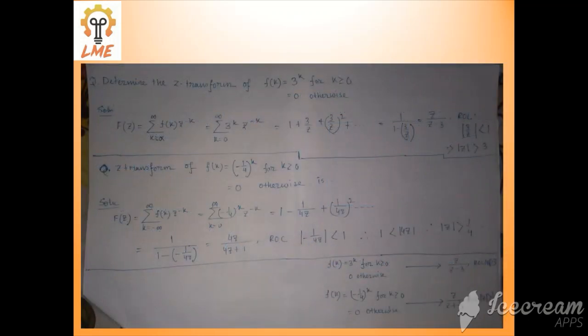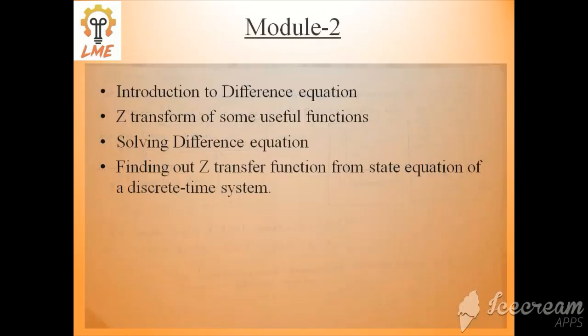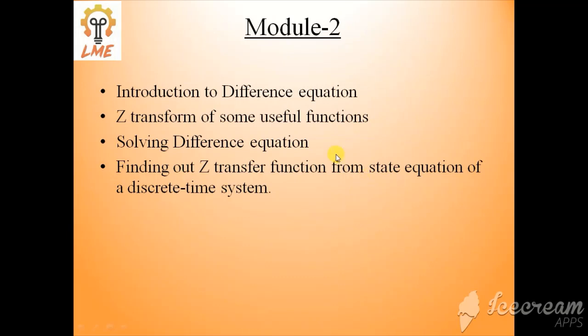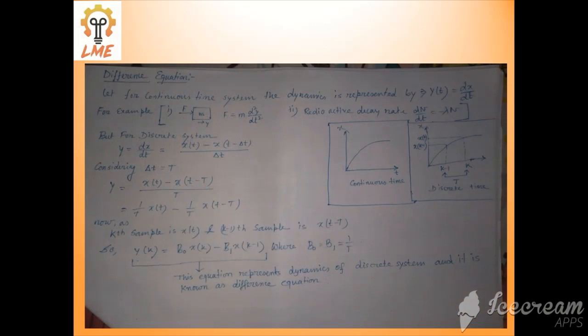Now the second topic is Z transform of some useful functions. Why have I taken this topic? Because before solving the difference equation you should know some properties or formulas of the Z transform.